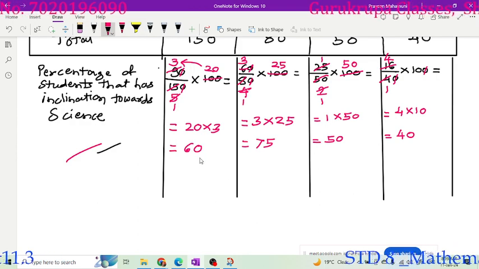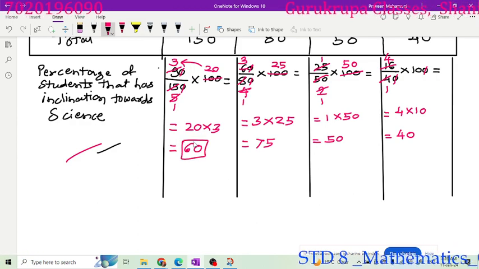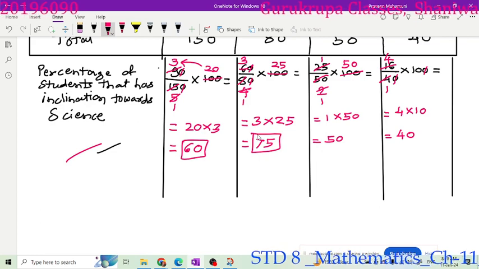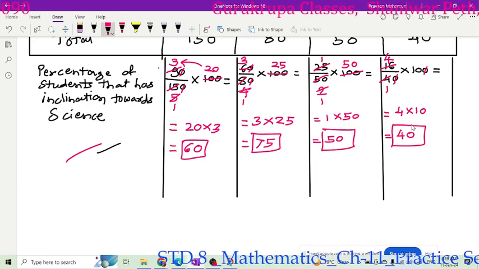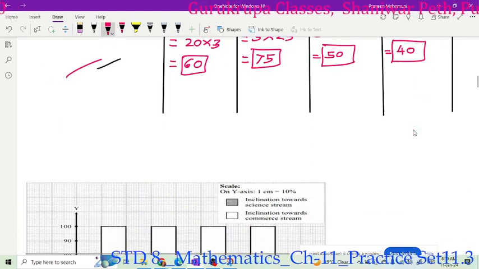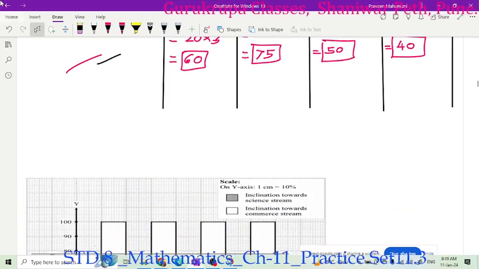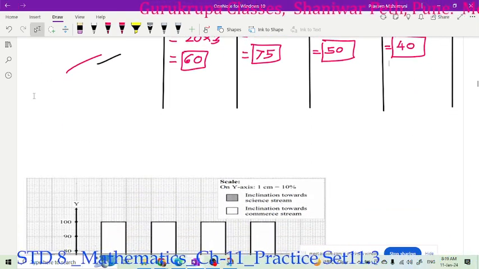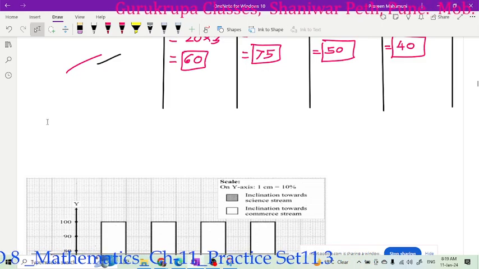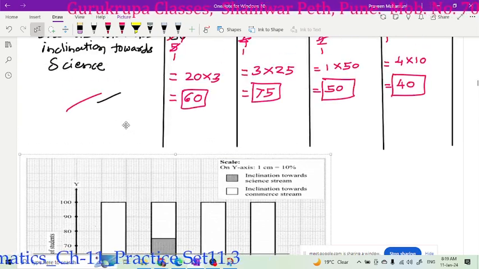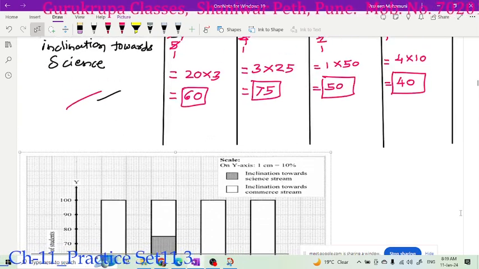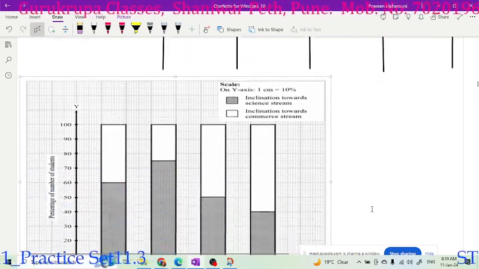Now using this information of the percentage of the students who want to join the science stream after 10th, you can draw the bar graph. This is the bar graph. So, scale.